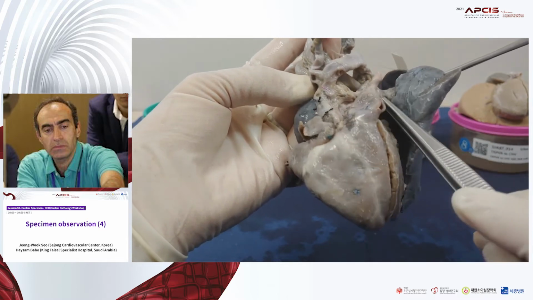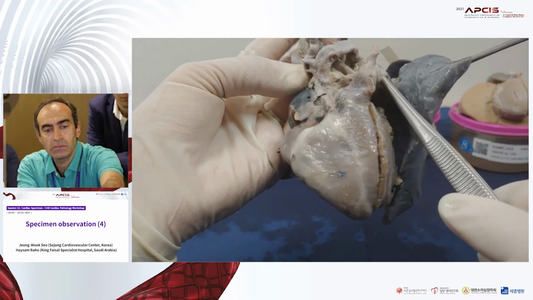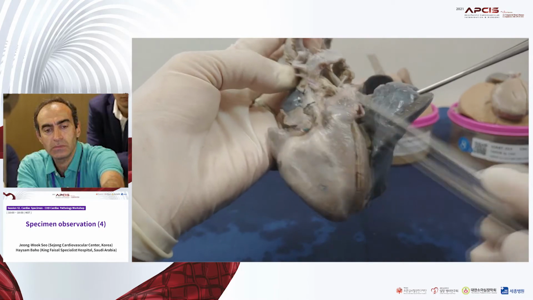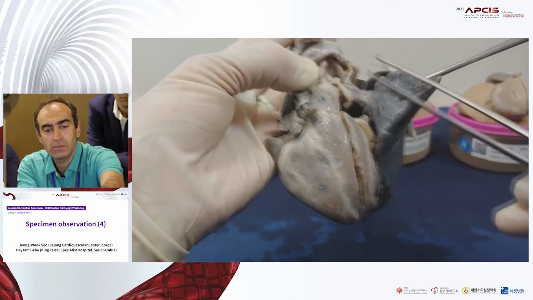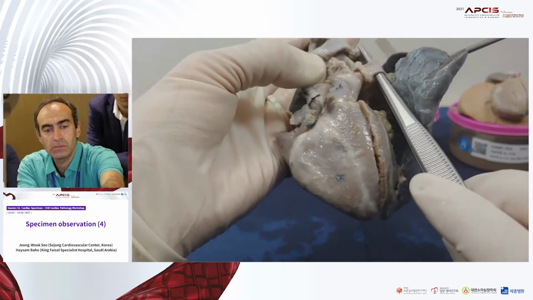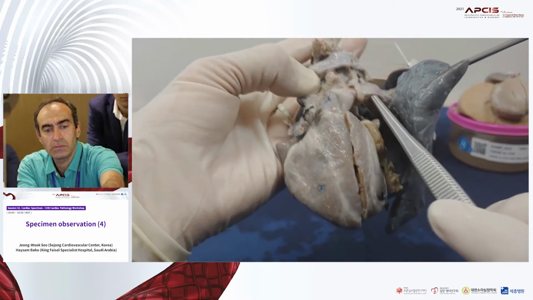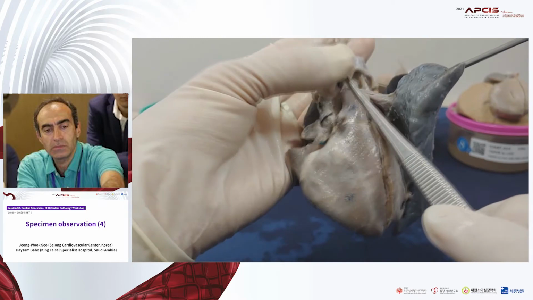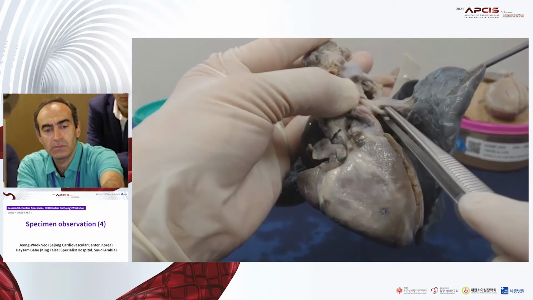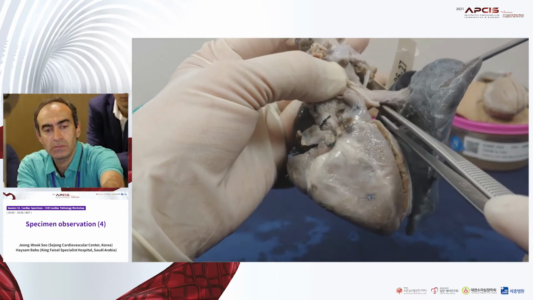However, on some occasions, this can be in between the left pulmonary artery and the left bronchus. So the vertical vein is running in between the left pulmonary artery that we see here and the left bronchus, and can be compressed by these structures.